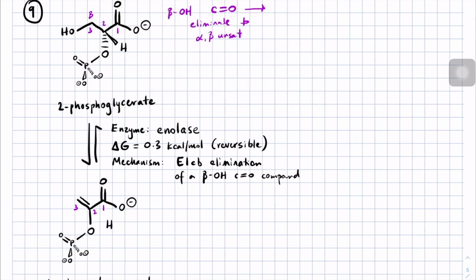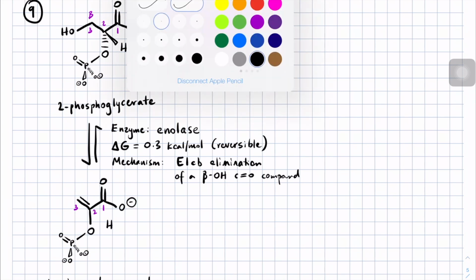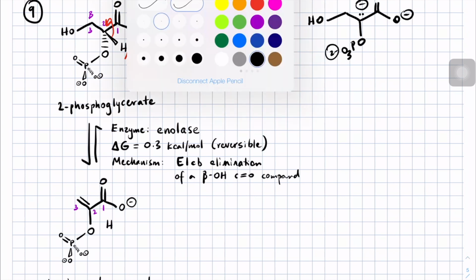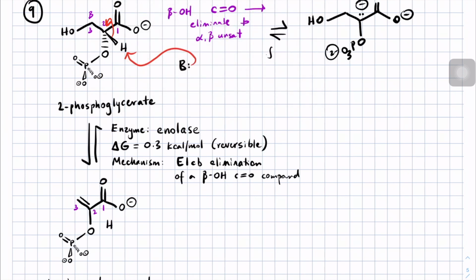That is, we have a base remove the alpha proton to give us the enolate intermediate. So this first step is fast.